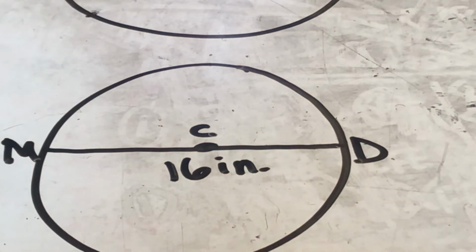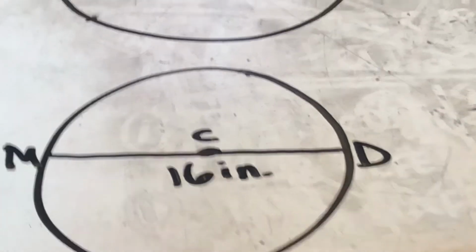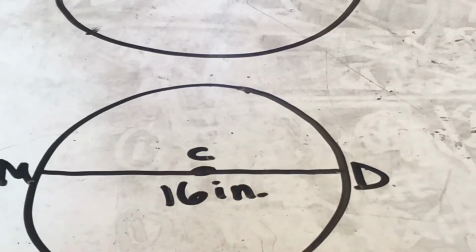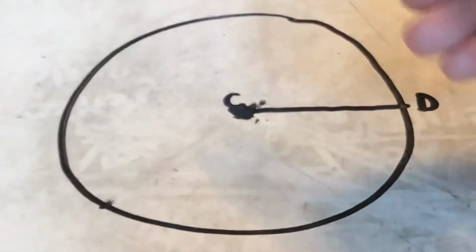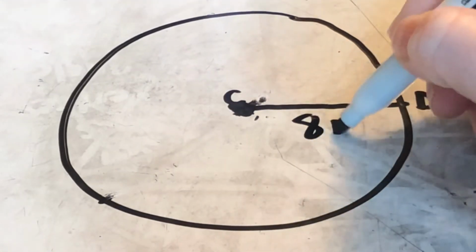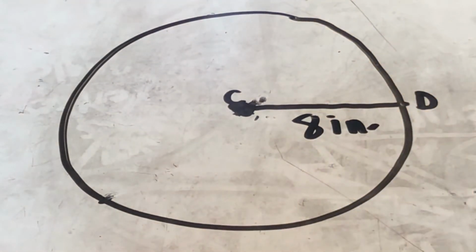Well, if I knew it's half, what do you think I should do? 16 divided by 2. So then I would know if this diameter was 16 inches, then I know that this radius would be 8 inches because we know the radius is half of the diameter.